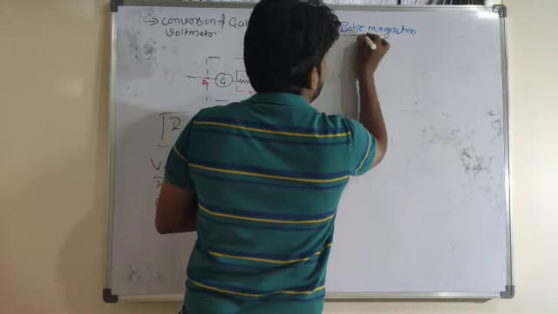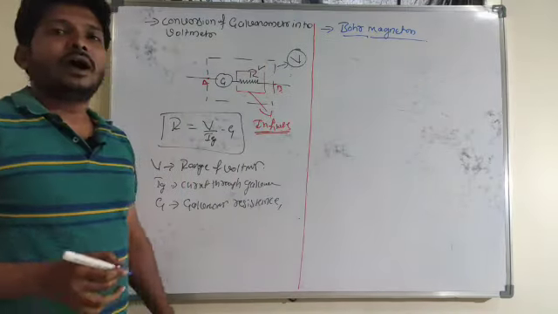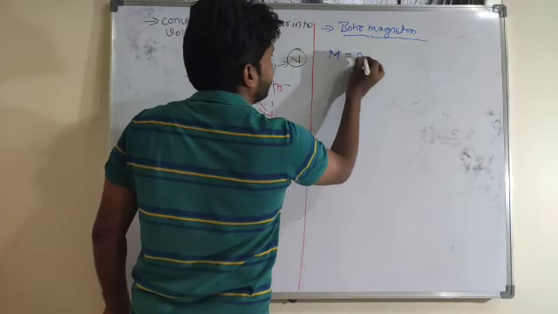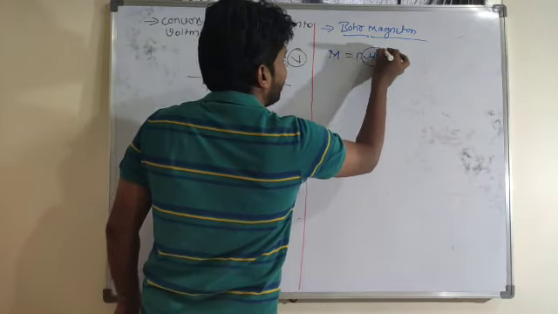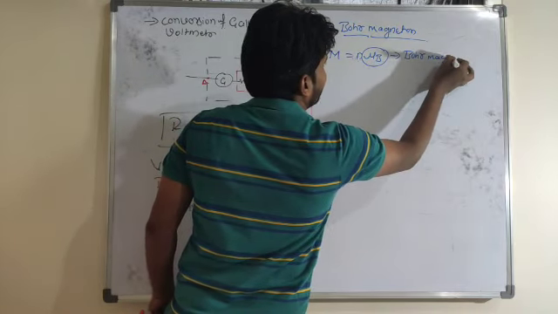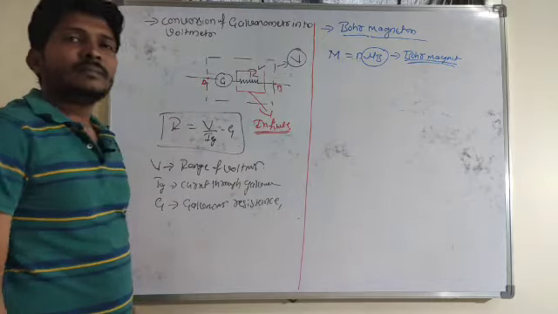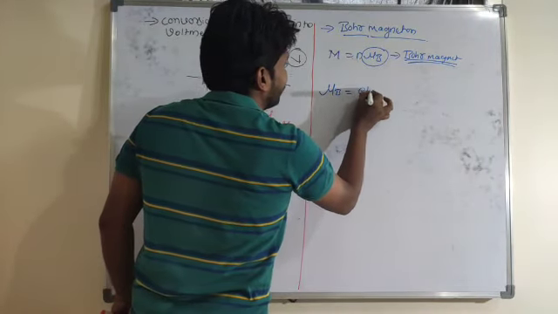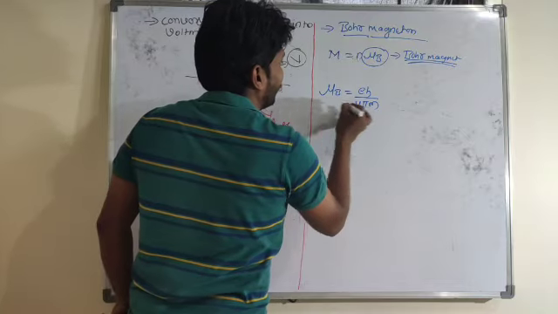In theory class you already derived that expression, so I need to consider the value of Bohr magneton. The magnetic moment M is equal to n into mu B, where mu B is nothing but the Bohr magneton. Its value is mu B equal to e h divided by 4 pi m.